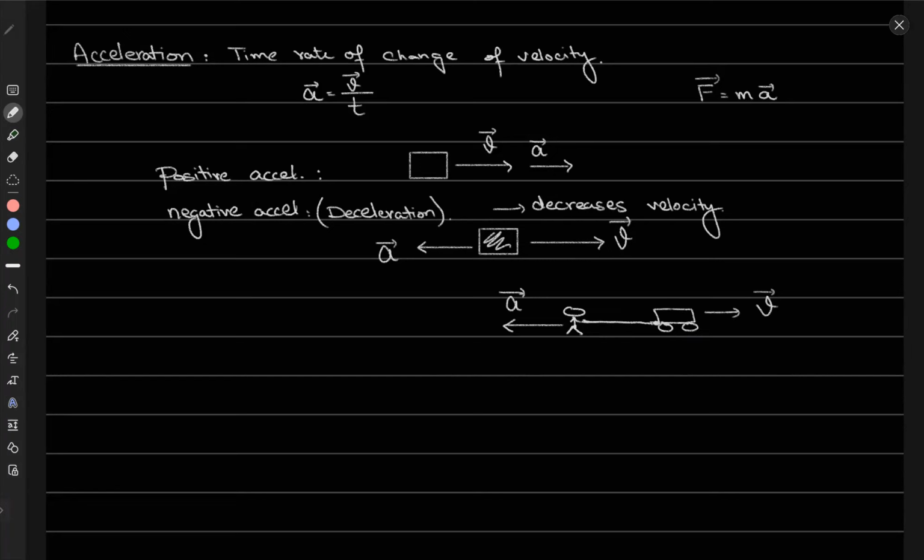In a practical situation, it's really hard to stop the car, but at least you would somehow slow the car down, right? You decrease the velocity of the car. The car's velocity would start decreasing because the car would start slowing down. So that's negative acceleration: you have added this negative acceleration to this car or this box, and that decreased the velocity of this car or any object for that matter. So negative acceleration is there to decrease the velocity.